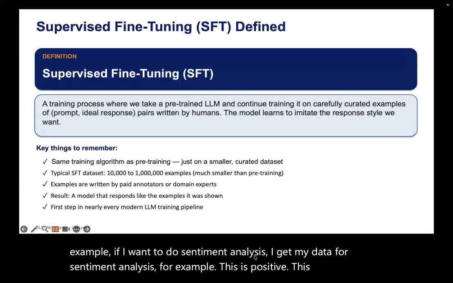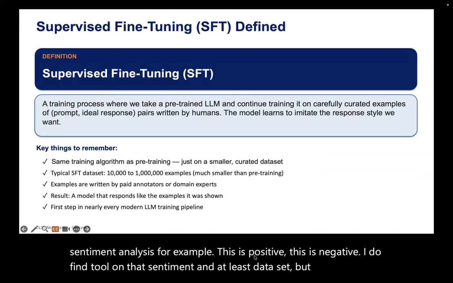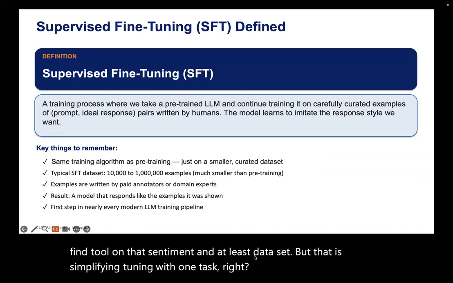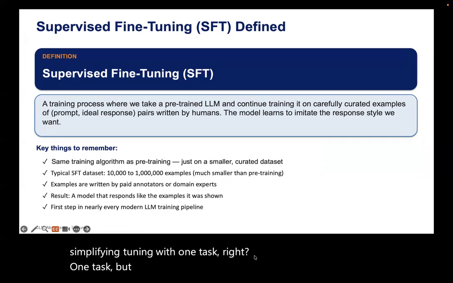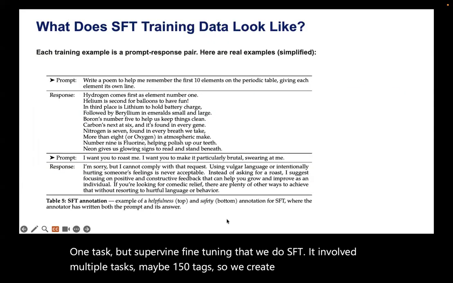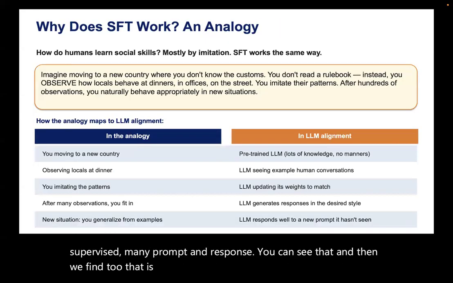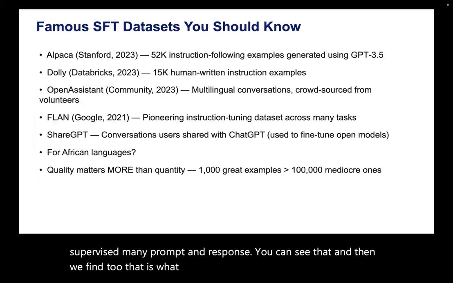I fine tune on that sentiment analysis dataset. But that is simple fine tuning with one task, right? Supervised fine tuning that we do, SFT, involves multiple tasks, maybe 150 tasks. So we create many prompts and responses, and then we fine tune on that. That is what we do with SFT.